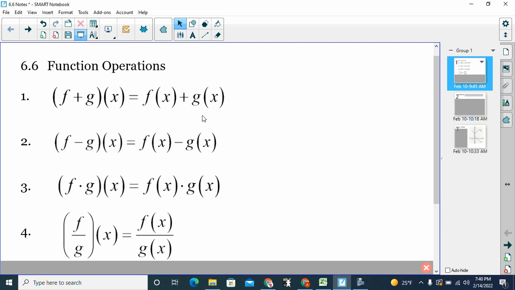Last chapter, we talked about adding, subtracting, or multiplying polynomials. We've been adding, subtracting, multiplying, even dividing radical expressions in this chapter. We had both long and synthetic division if we were dividing polynomials. So there's lots of ways that we can evaluate those things.